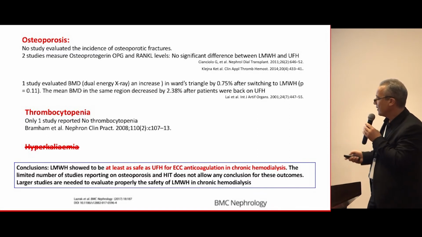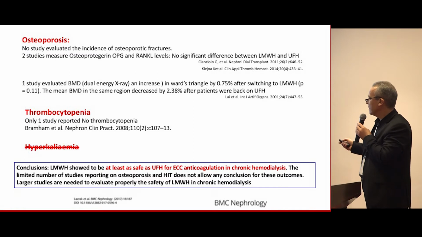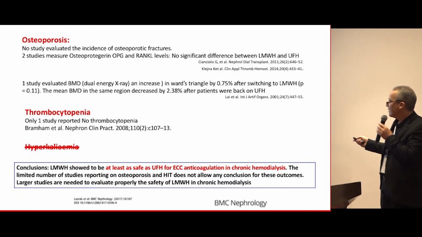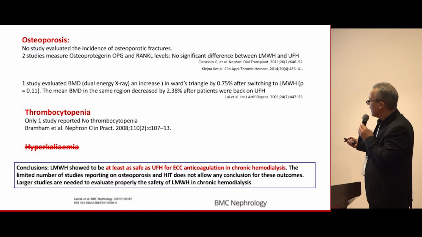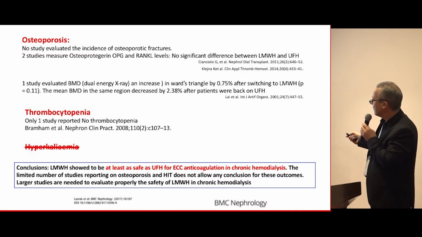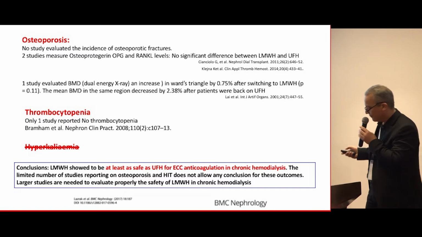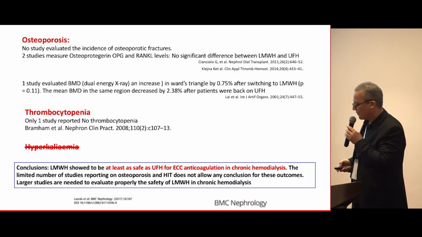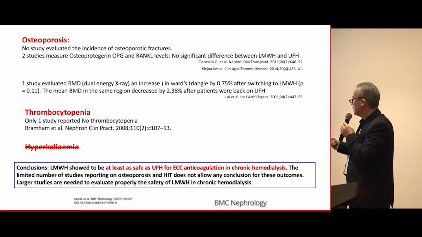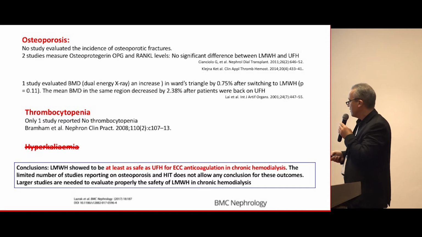And one study evaluated bone mineral density, and there is no difference also, though there is some decrease after switching to low molecular weight heparin, and the mean bone mineral density in the same region decreased by 2.38% after the patients were back on unfractionated heparin. So there is some advantage for low molecular weight heparin, but it is not significant.